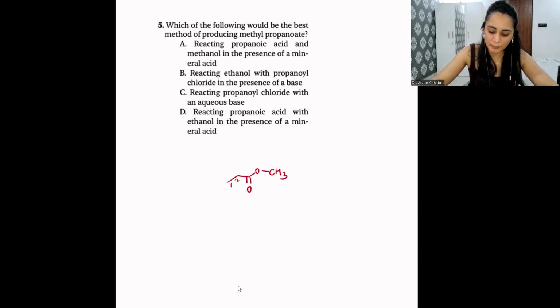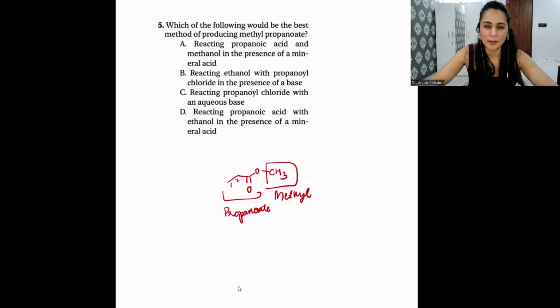So this is a methyl, and this is the propanoate. How would we prepare that? Reacting propanoic acid and methanol in the presence of mineral acid. So propanoic acid, 1, 2, 3, is this, plus methanol, MeOH, in the presence of mineral acid, let's say H2SO4, in the presence of H plus. So if we think about the product, we are making this compound.